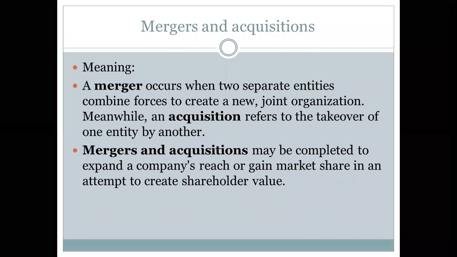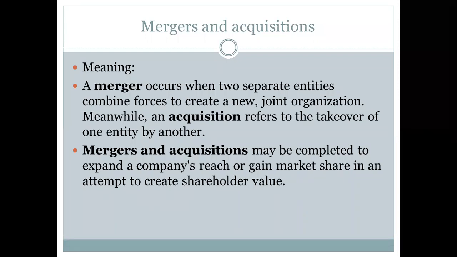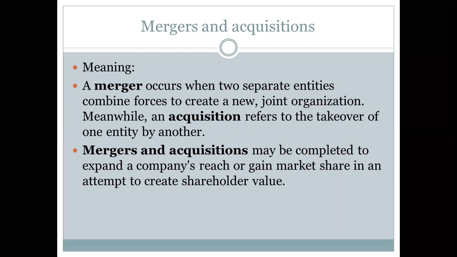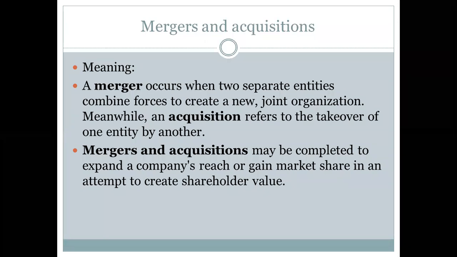And in acquisition, company B takes over the entity of another company, company A. That takeover process is known as acquisition. Both merger and acquisition are done for the purpose of gaining market position and attempting to create shareholders' value within the market.